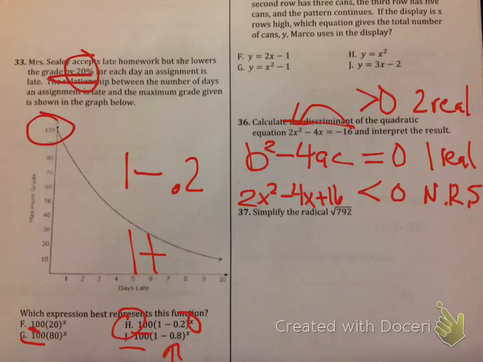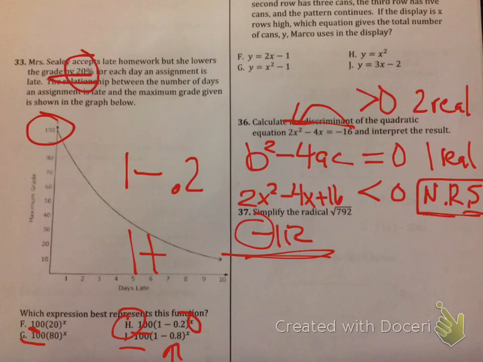Then you would do negative 4 squared, make sure you put the negative in parentheses, minus 4 times 2 times 16, which gives you an answer of negative 112. So since that answer is negative 112, and all I care about is that it's negative, the correct answer here is that there are no real solutions. The discriminant is negative 112 and there are no real solutions.